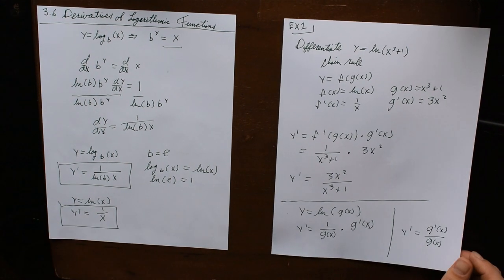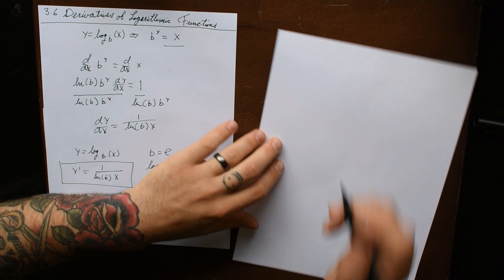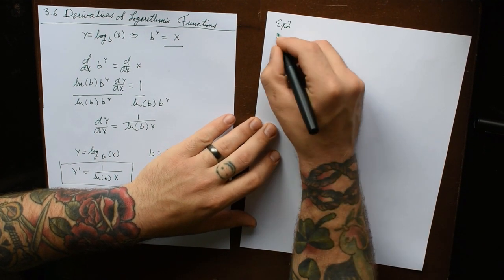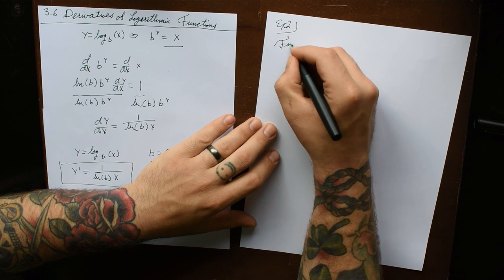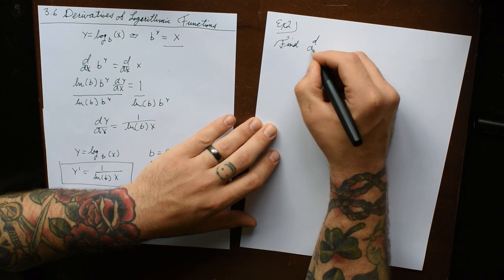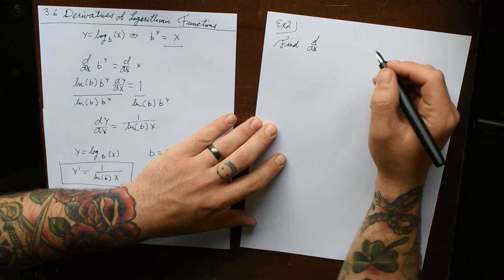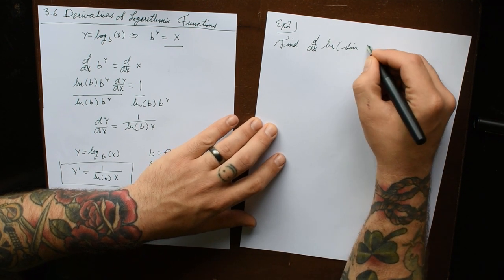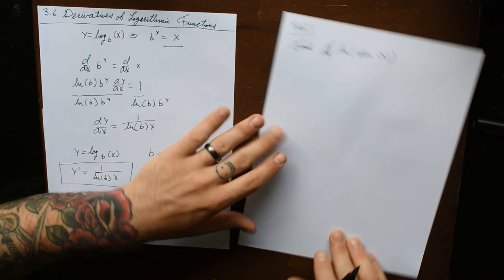Let's use this to find the derivative. For example 2, we'll find d/dx of the natural log of the sine of x.